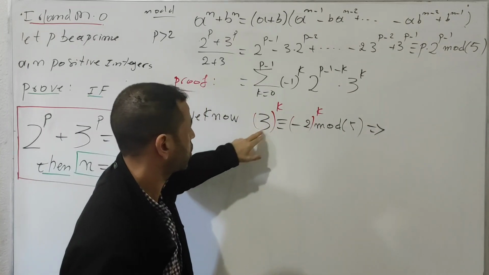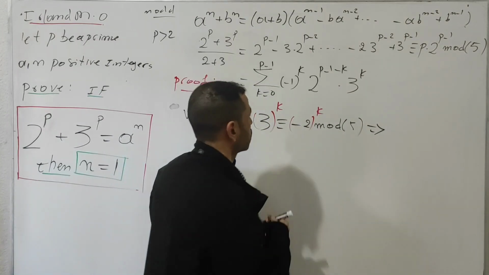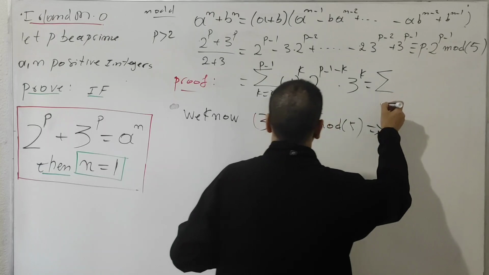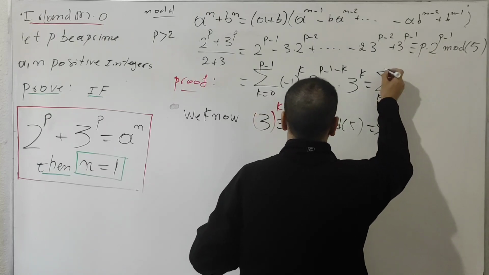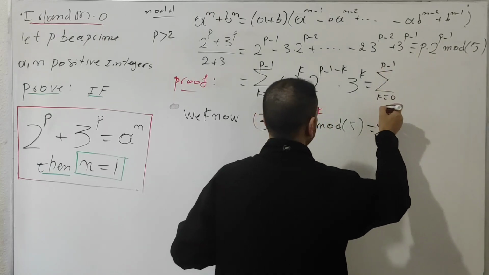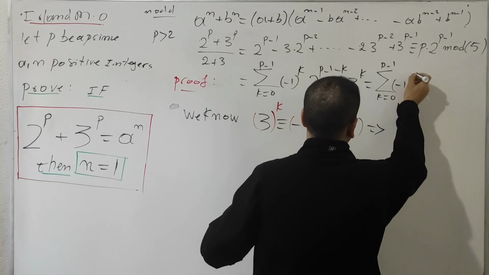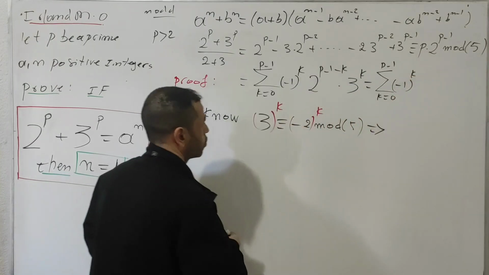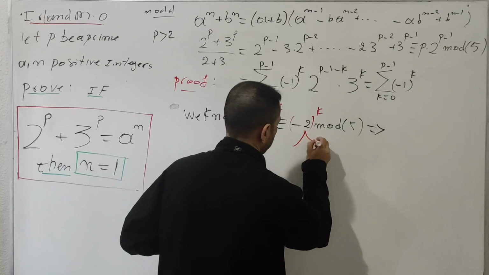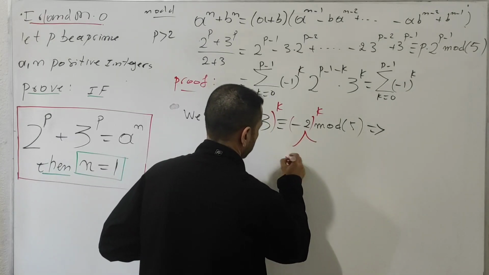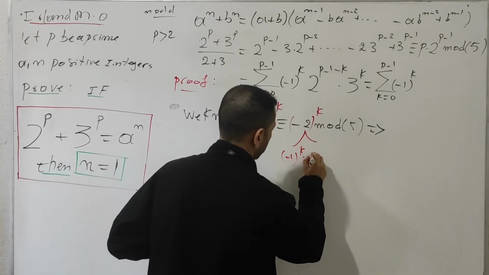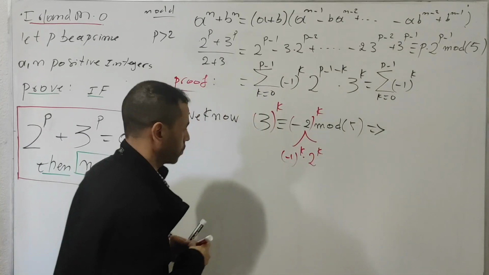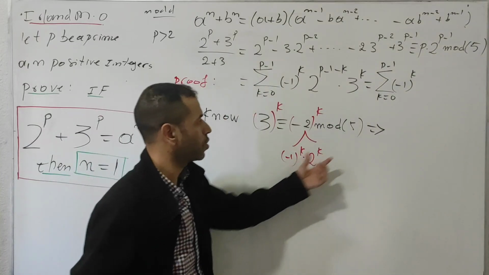Now I'm going to replace 3 to the k with this one. So I will have the sum as k goes from 0 to p minus 1 of minus 1 to the k. I'm going to expand this as minus 1 to the k multiplied by 2 to the k. Then I'm going to take this value and replace it here.